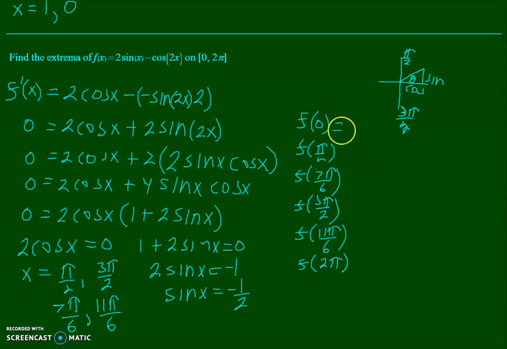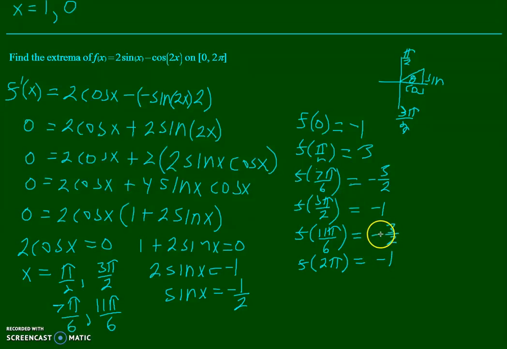And so we get f of 0 is -1, f of pi over 2 is 3, f of 7 pi over 6 is -3/2, f of 3 pi over 2 is -1, and f of 11 pi over 6 is -3/2, and f of 2 pi is -1.